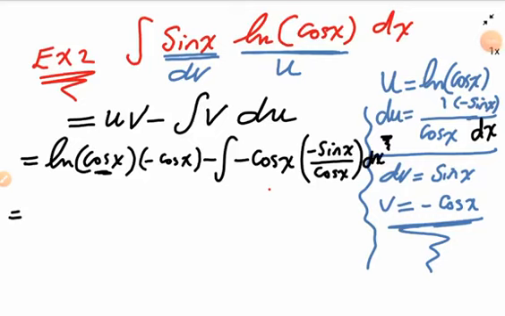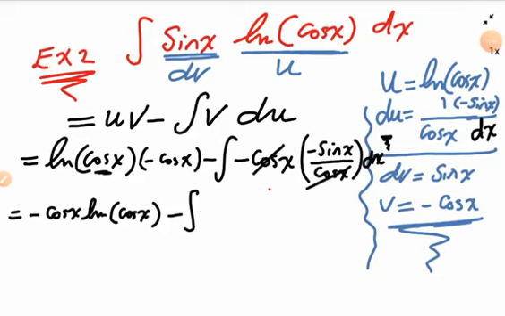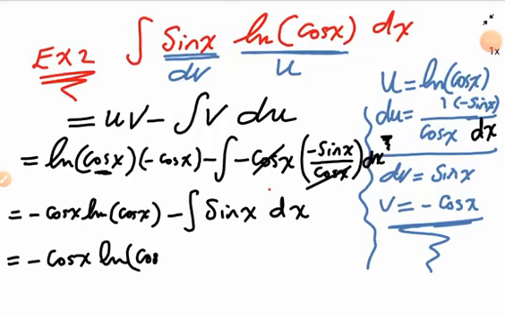Then the answer will be negative cosine x ln cosine x, minus the integral, where negative times negative is positive, and we cross out cosine with cosine. The answer will be the integral of sine x dx. Nice. The term ln cosine x stays the same.